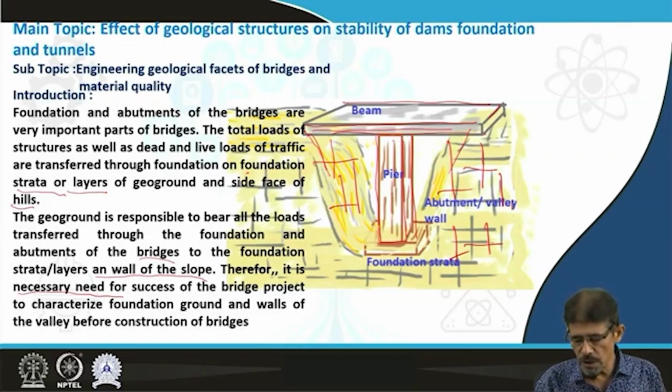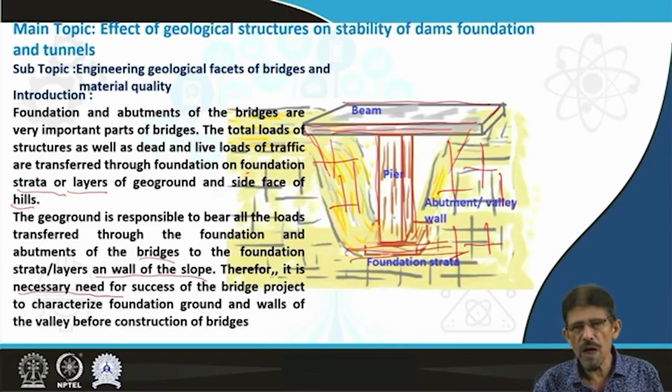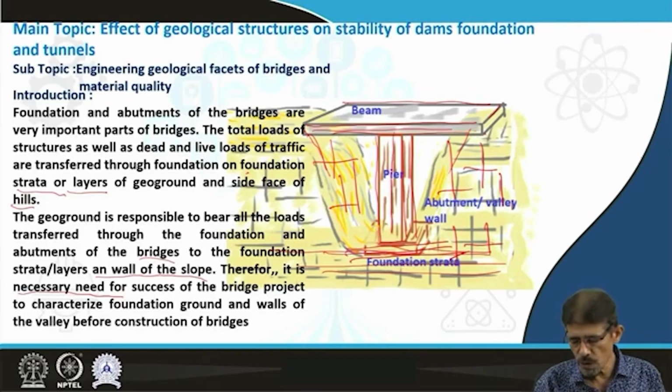However, the foundation strata lying below the piers or foundation pillars also need some specifications related to strength, modulus and deformability, or in terms of the quality of rock mass. So the foundation strata should be sufficiently strong to bear the load of structure transferred through the piers or pillars.